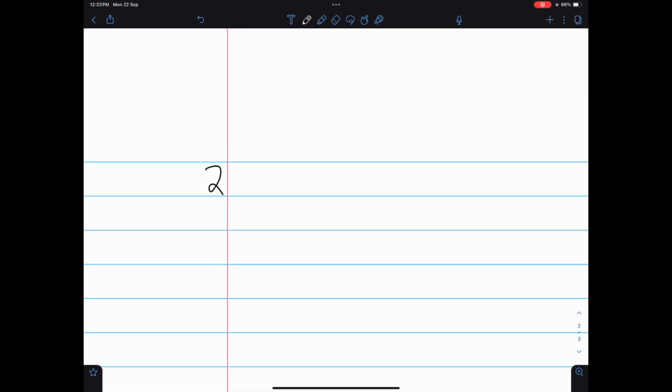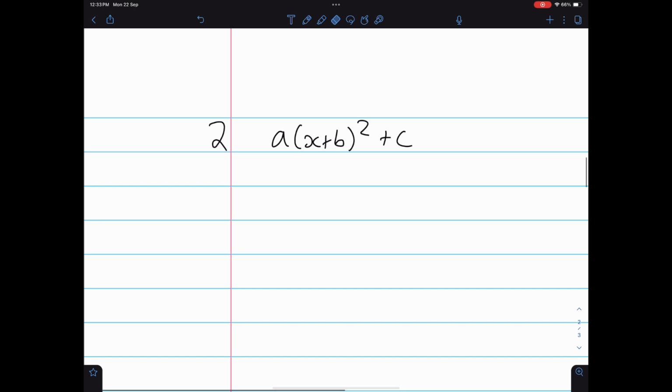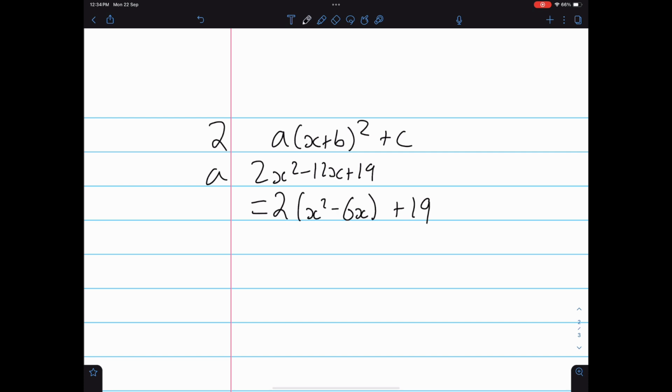And now we add in the case where the coefficient of x squared is not 1. And so in this case, we're looking for the form of this. And we'll just get into it. And what we do is we first divide the first two parts by 2. And we leave that constant alone.